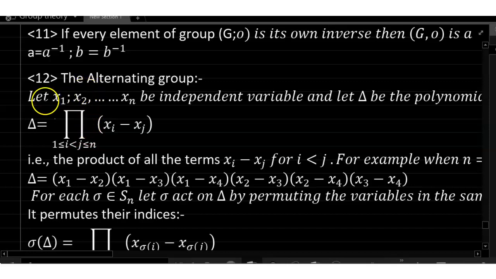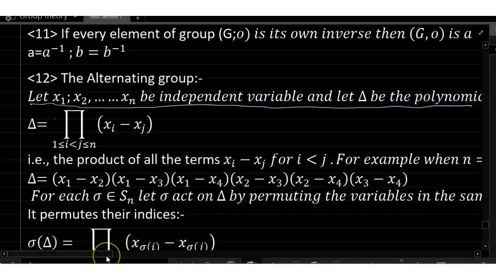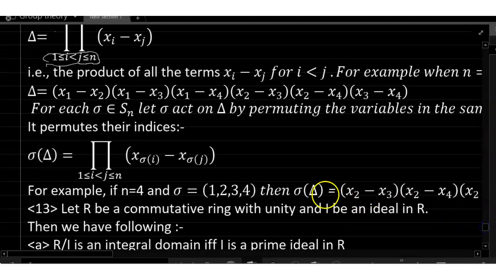The alternating group: let x1, x2, ..., xn be independent variables, and let delta be the polynomial such that delta equals the product over 1 ≤ i < j ≤ n of (xi minus xj), the product of all terms xi minus xj for i less than j.